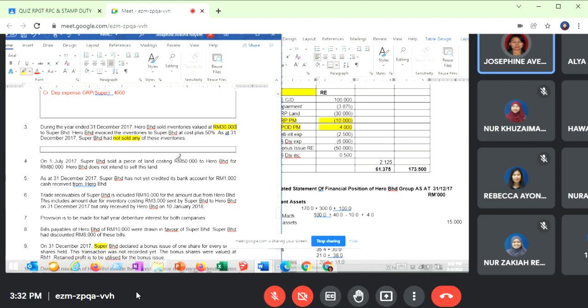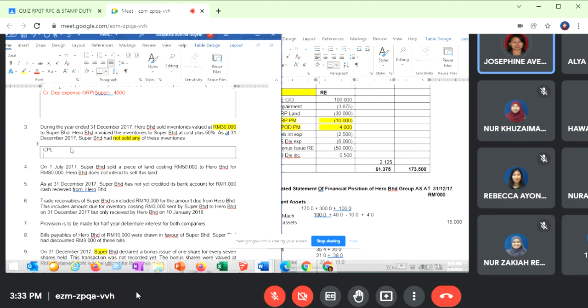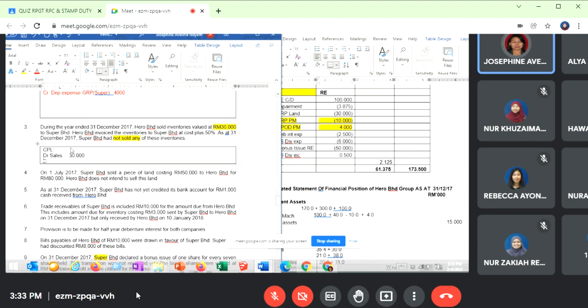If you are doing the CPL, for the purpose of preparing the CPL, then you will be concerned about eliminating the sales and the purchases. You will be debiting sales 30,000, and then you will be crediting the cost of sales 30,000.